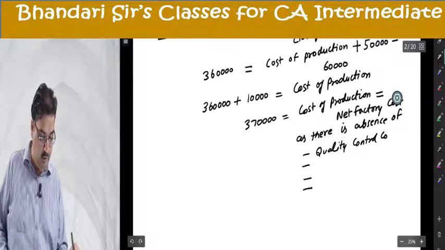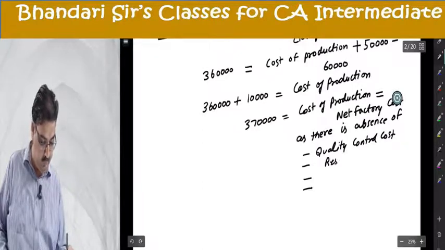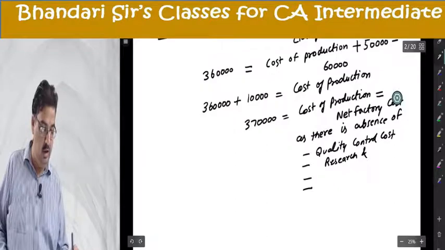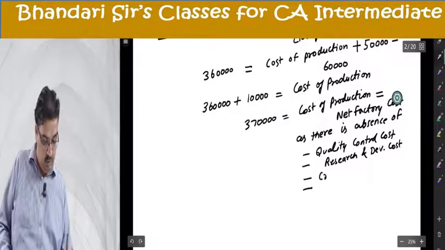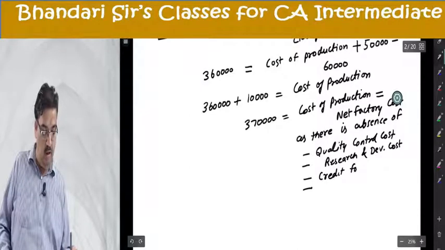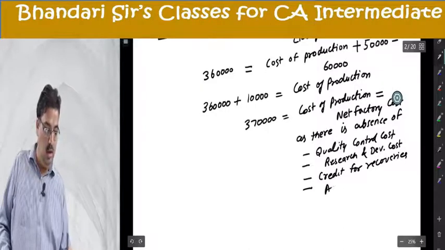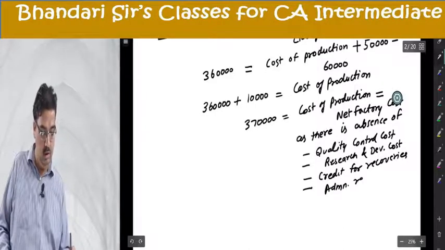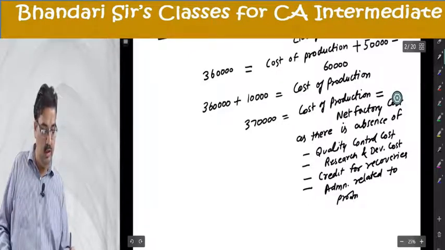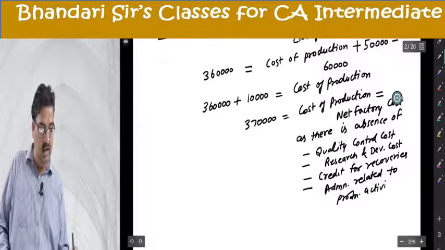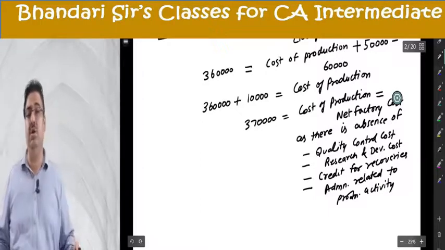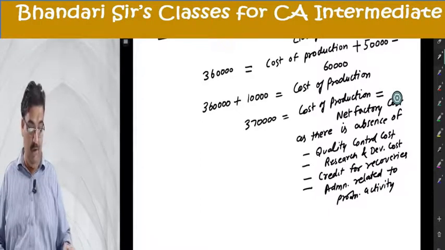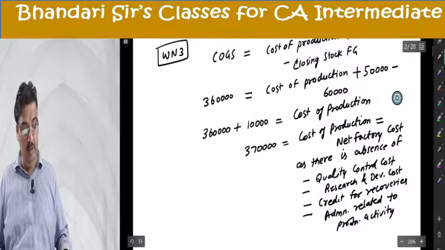Quality control cost, research and development cost, credit for recoveries, administration related to production activity. Again, it is sort of assumption, but it is not given in question. I assume it is not there. So net factory cost is also 3,70,000.